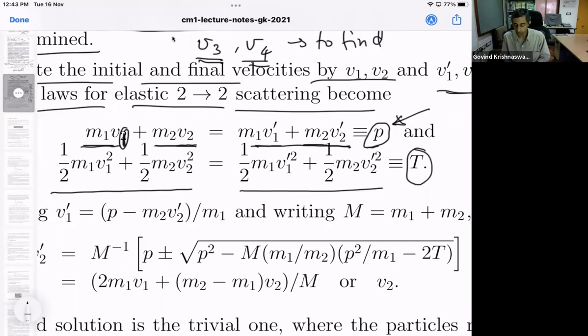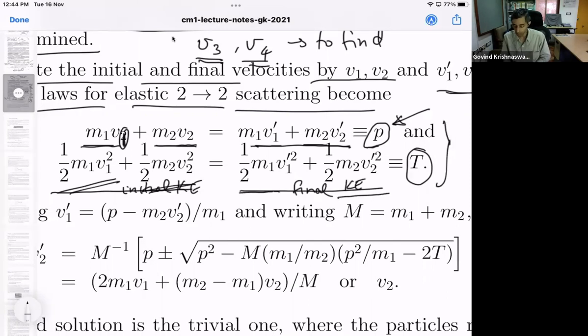So half m1 v1 squared plus half m2 v2 squared is the initial kinetic energy, and then here you have the final kinetic energy, half m1 v1 prime squared plus half m2 v2 prime squared. So here is our pair of equations.